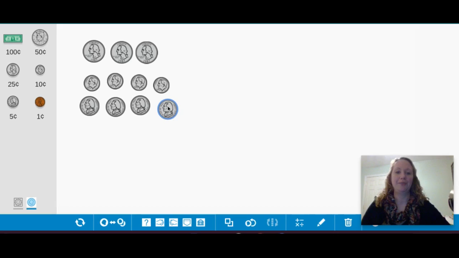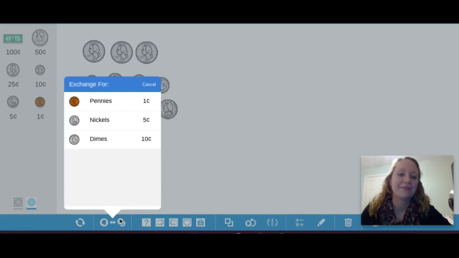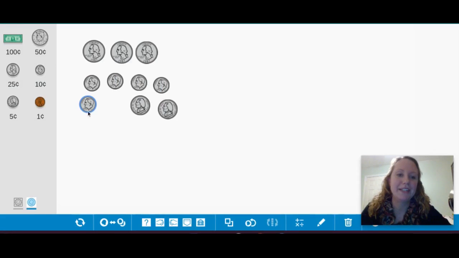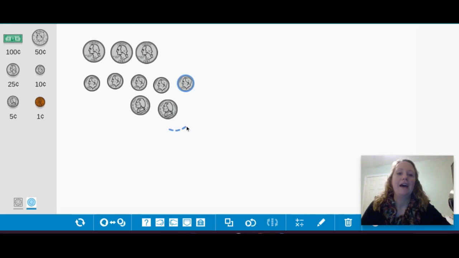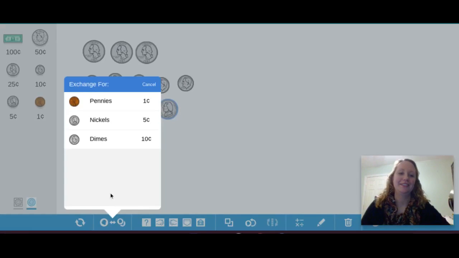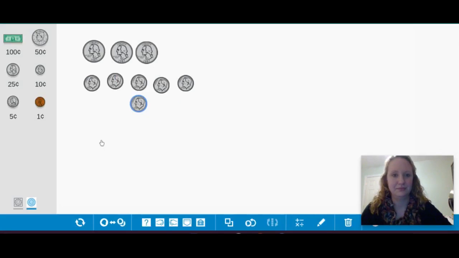I wonder if you see it too. I can take these 2 nickels and combine them to make 1 dime. Because remember, when we count by fives 2 times, we get to 10. Now, this is going to be a much faster way to add up our total value.